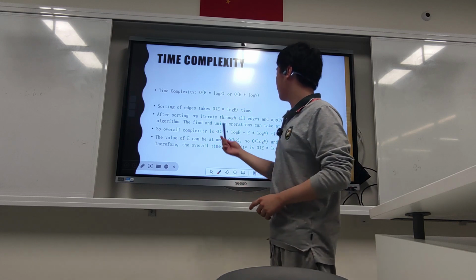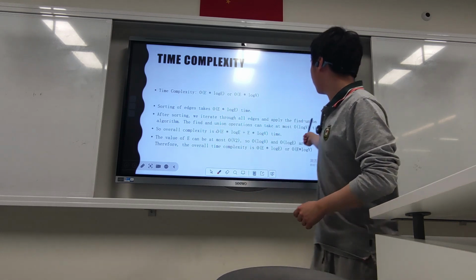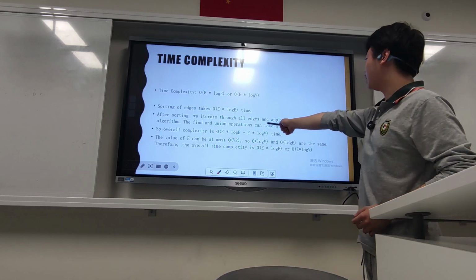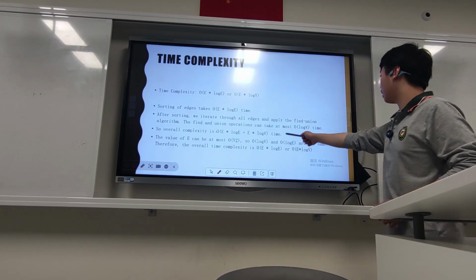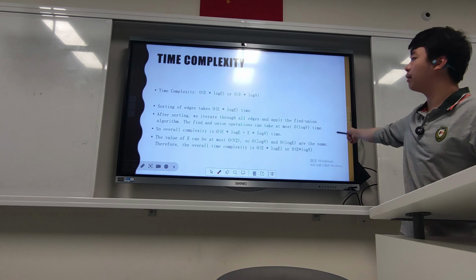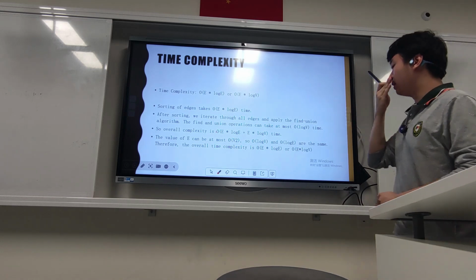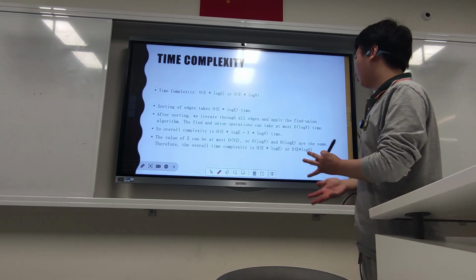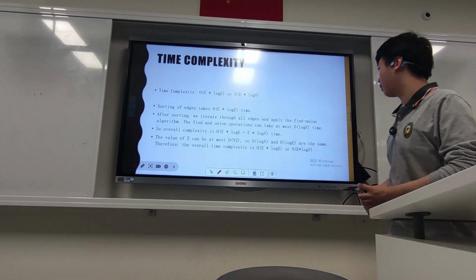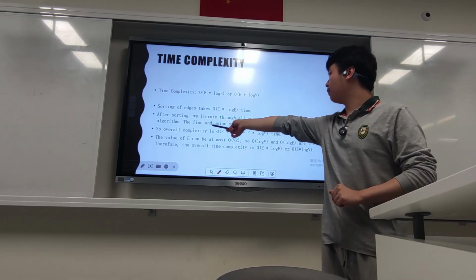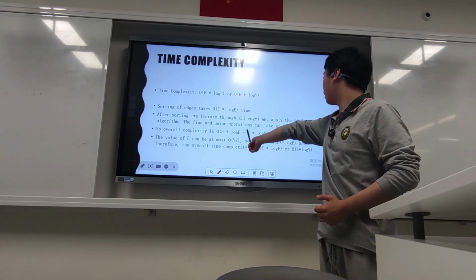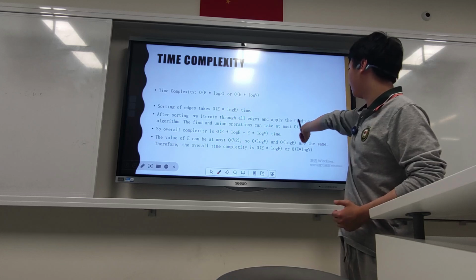After sorting, we iterate through all the edges and apply the find and union algorithm. Find and union operations can take at most O(log V) time. So the overall complexity combines these two: E log E plus E log V.